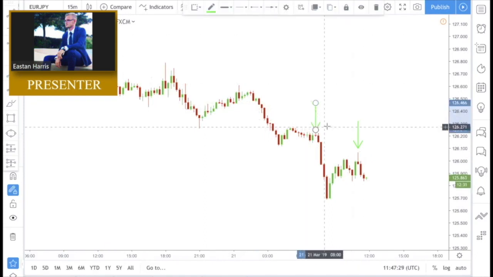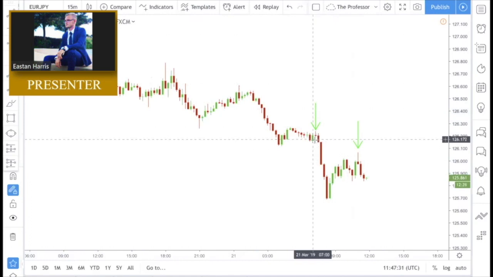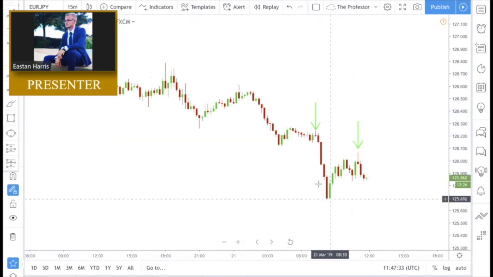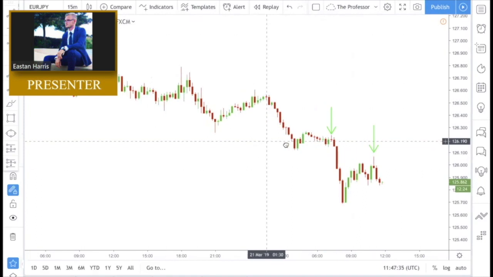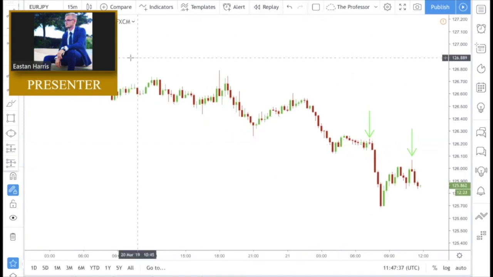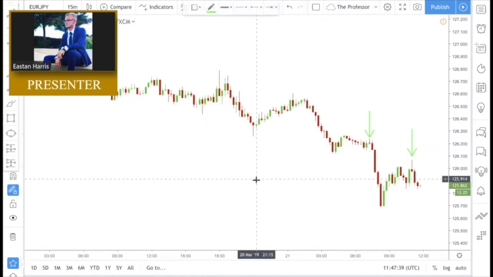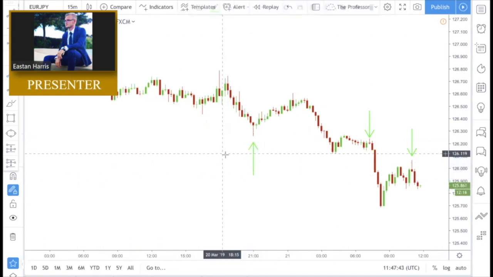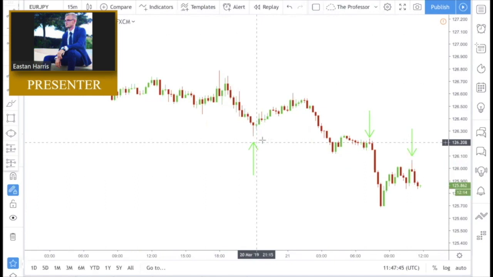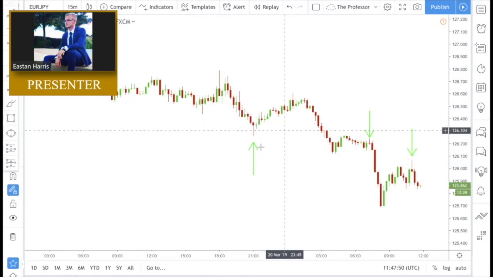Right here, we got a little exhaustion. Price fell to the downside after printing one of those. Right here, we have one that's going to the upside, another exhaustion candle. Right there, price rejects up, and price continues to the upside afterwards.